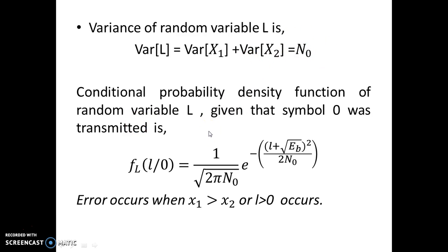Now applying the value of mean and variance into the likelihood equation, what we get is the conditional probability density function of random variable L given that symbol 0 was transmitted. f_L(l | 0 transmitted) is equal to 1 by root of 2 pi N0, e raised to minus (l minus mean) whole square.